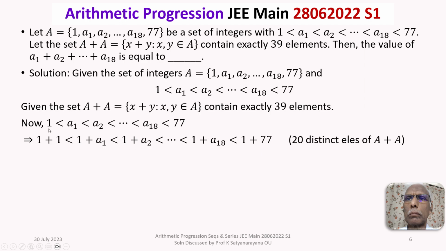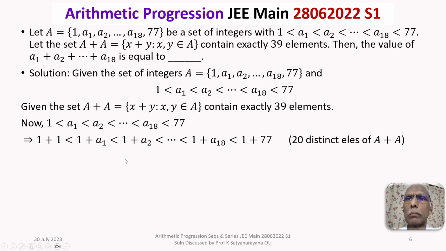Because this less than inequality is there, and we are adding 1 throughout, the less than will be maintained, and these are the elements of A plus A. They are 20 in number, and these are distinct because each element is less than the next one, so on and so forth. Therefore, these are 20 distinct elements of A plus A.